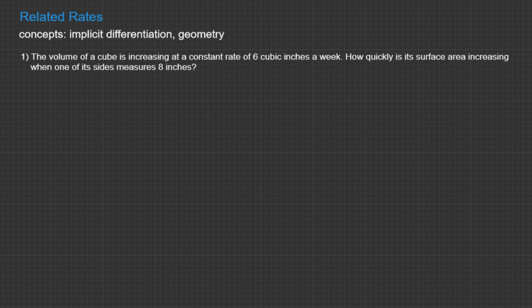Two smaller concepts that are folded up into related rates are implicit differentiation and geometry. Implicit differentiation means that you need to take the derivative of a variable with respect to another variable. So the derivative of volume with respect to time or area with respect to time.